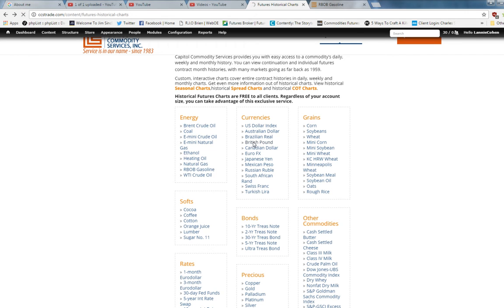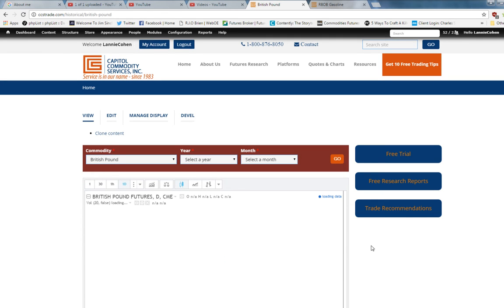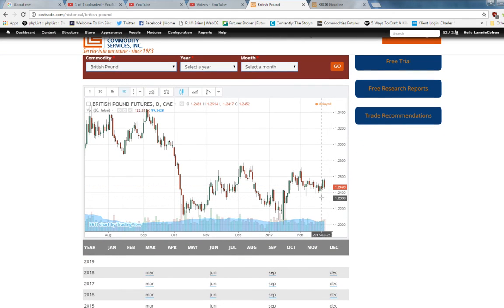So you click the link to the British pound, and what's prompted is called a daily continuation chart. And what that means is for every bar, it shows the day's trading range.